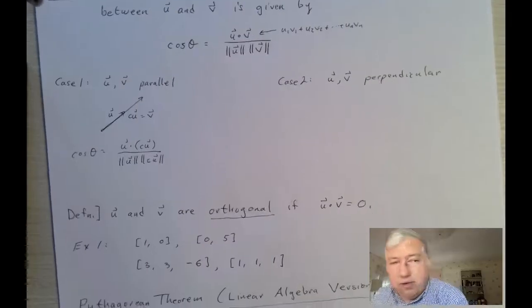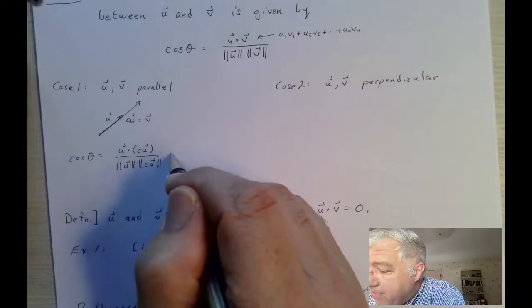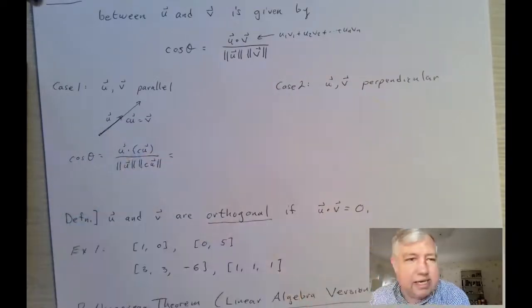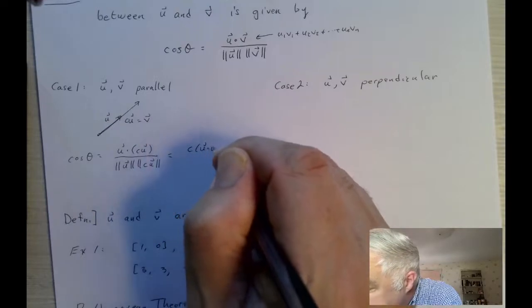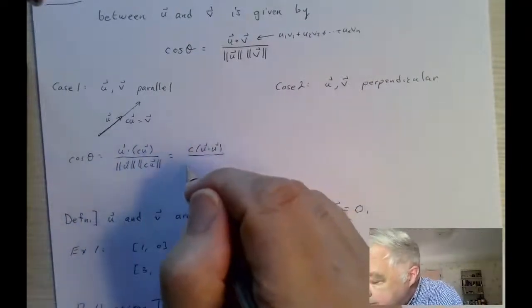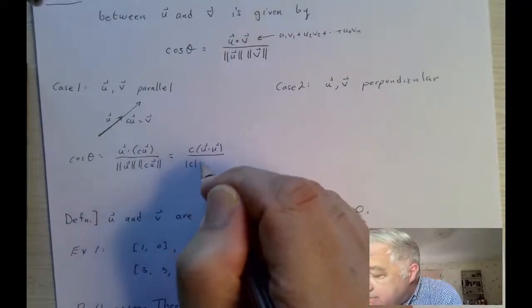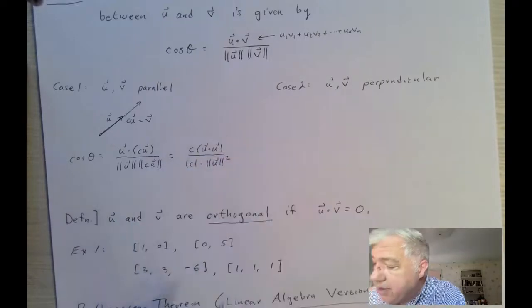We talked about this last time: by the properties of the dot product, and since c is a real number, we can factor the c out. The length of cu is the absolute value of c times the length of u, so the denominator is the absolute value of c times the length of u squared.